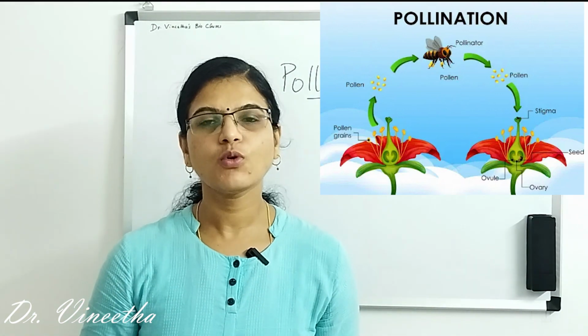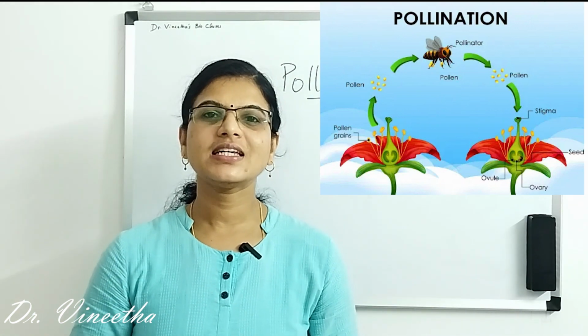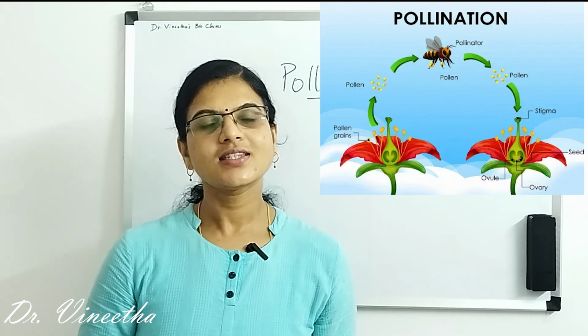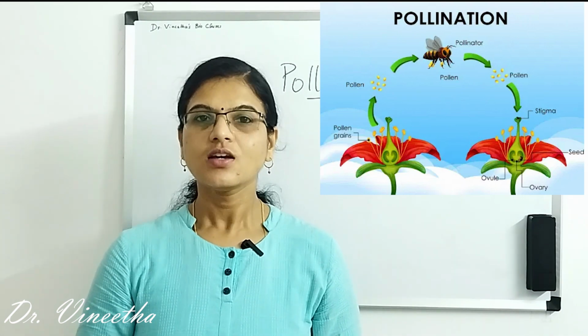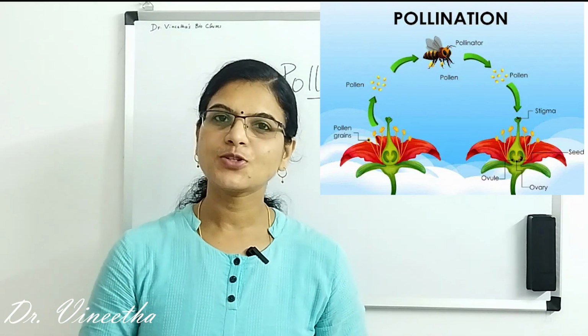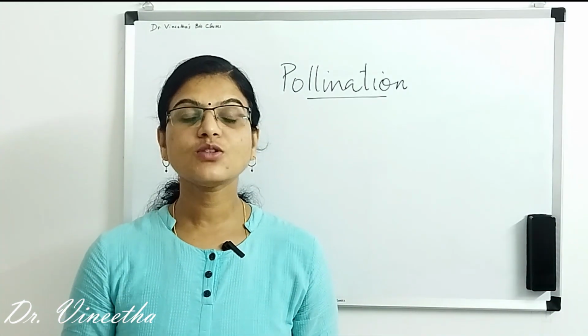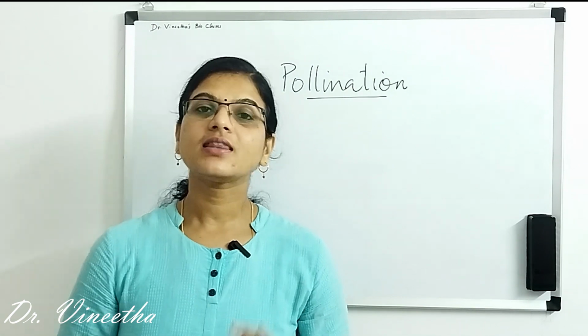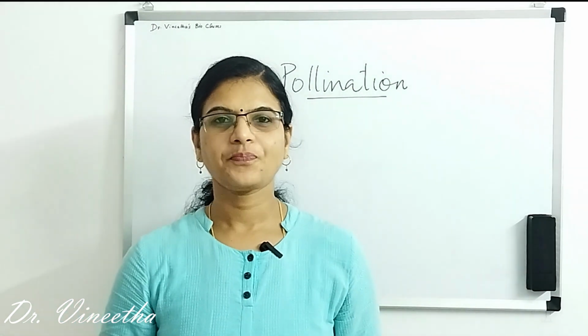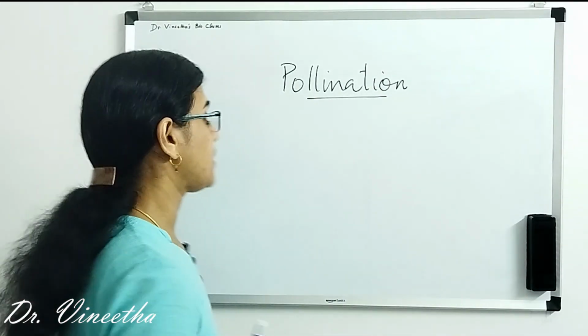But being non-motile, pollination is achieved by certain external agents. So certain external agents come into play for the process of pollination. Based on the source of the pollen grains, there are three types of pollinations. First one is autogamy.